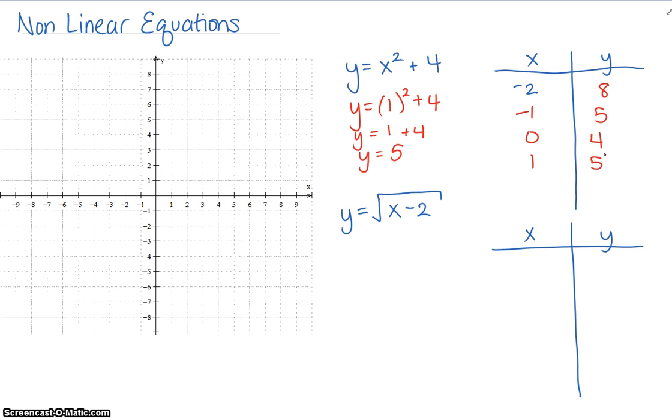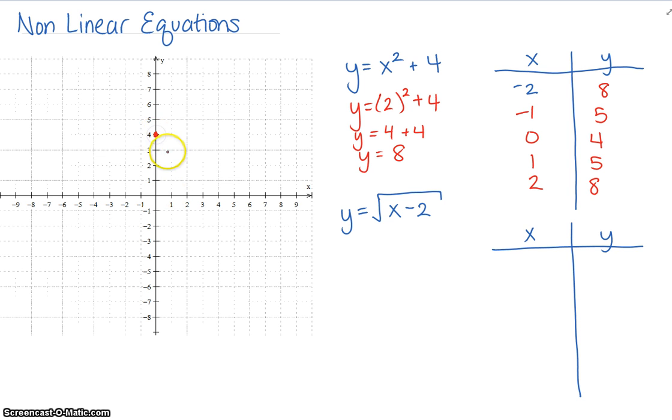And if we plug in, say, 2, if you notice, we have a bit of symmetry. -2 gives me 8, +2 gives me 8. -1 gives me 5, 1 gives me 5, 0 gives me 4.